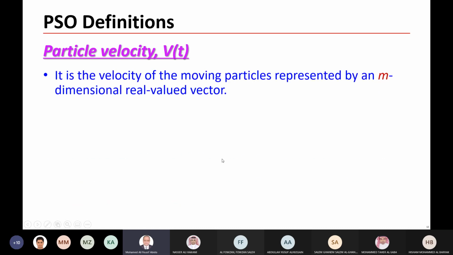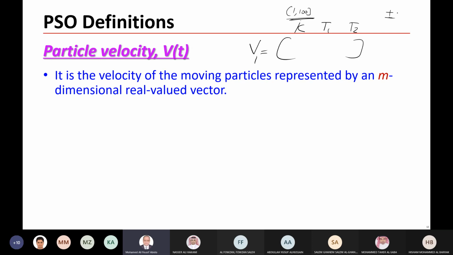The particle velocity. This is the velocity of the moving particles, represented by m dimensions again. Velocity also is m-dimensional. You have a velocity for the k direction, you have velocity in the t1 direction, you have velocity in the t2 direction. But when we say k from 1 to 100, then the velocity definitely will not cover the whole range. The velocity could be, for example, plus or minus 10, could be negative by the way.